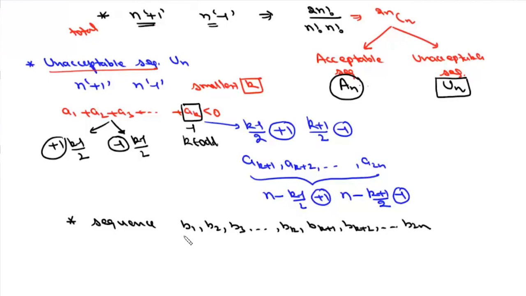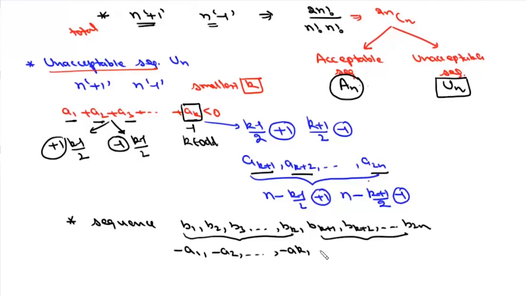These first k terms of the sequence, we'll choose from the sequence a1, a2, a3 up to ak by changing their signs. So we'll choose these first k terms as minus a1, minus a2 up to minus ak, and for the remaining terms we'll choose ak plus 1, ak plus 2 up to a2n, without changing their signs.